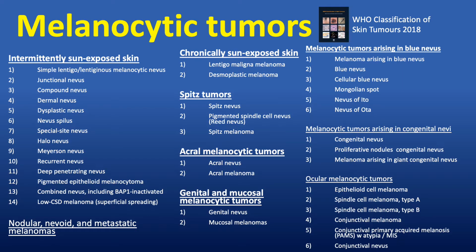And so now here we have a fairly comprehensive current classification for melanocytic tumors as outlined in the WHO classification. So I get that this is a bit overwhelming, even for me sometimes. And so for this session, I'm going to try to focus, with varying degrees of depth, on the entities highlighted in yellow.